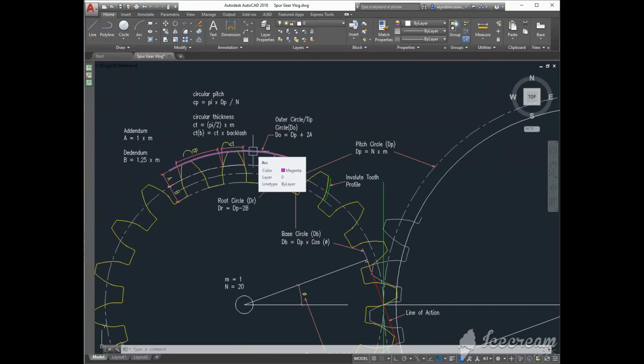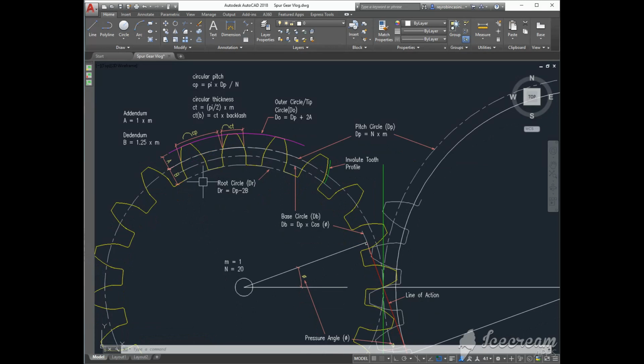It is a circle of the outermost point of the gear. Its radius is the sum of the pitch circle and the addendum. So from this pitch circle, the radius of the outer circle will be the sum of the pitch circle radius plus the addendum.